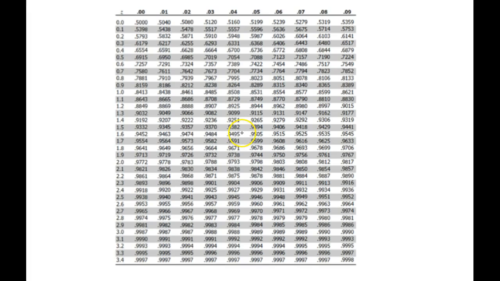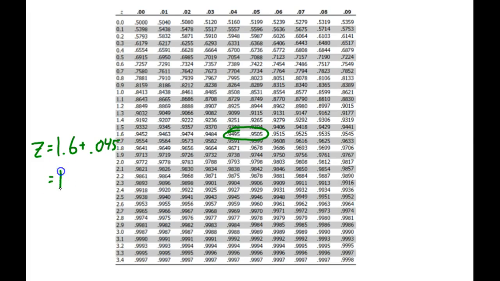So now looking at our table, we have to find 0.95, which actually lies between these two values. So we're going to have to take the average up top. So the value of z is equal to 1.6 plus, we have to take the average of 0.04 plus 0.05 and divide that by 2, which would leave us with 0.045.